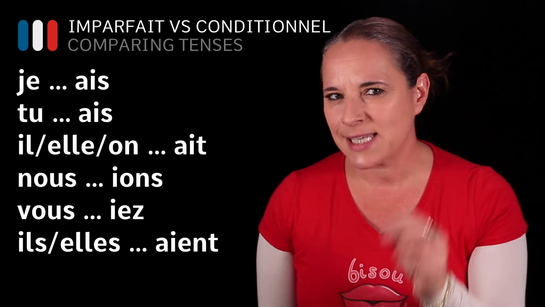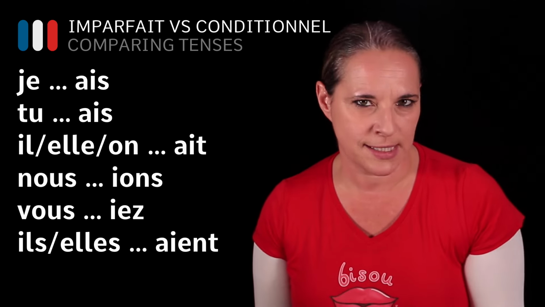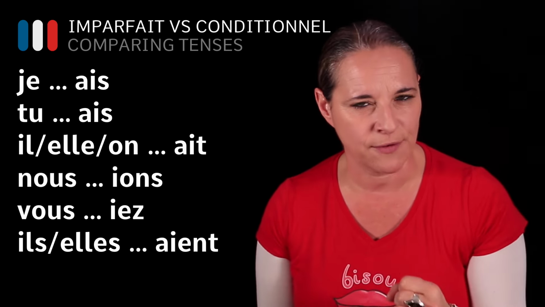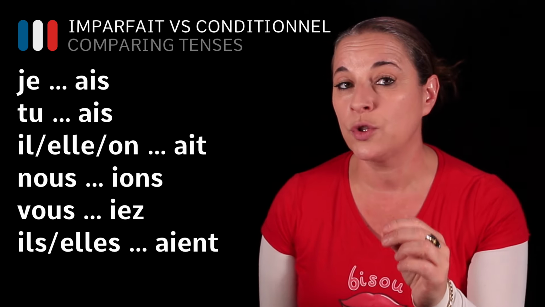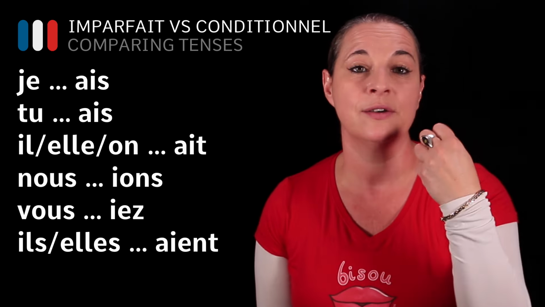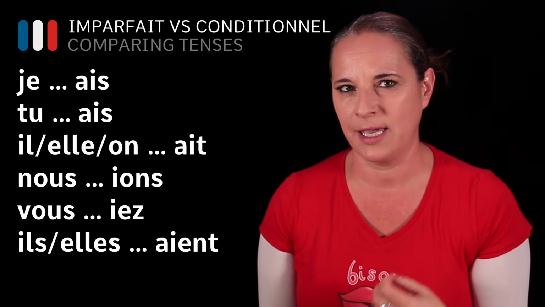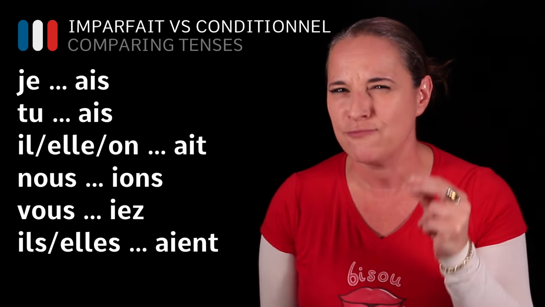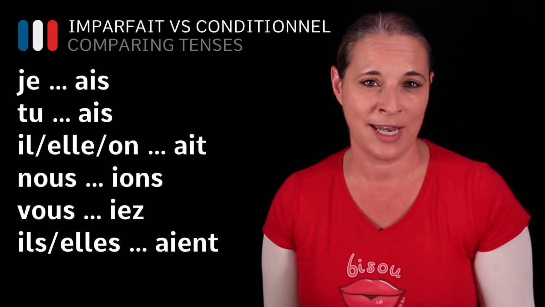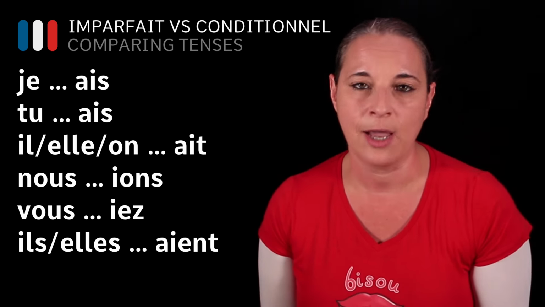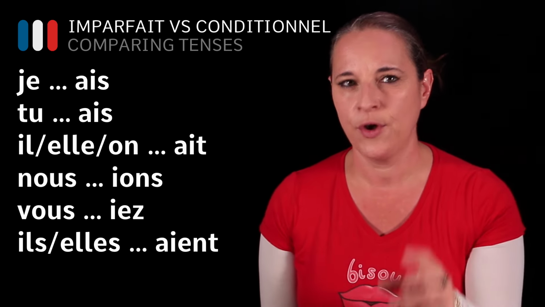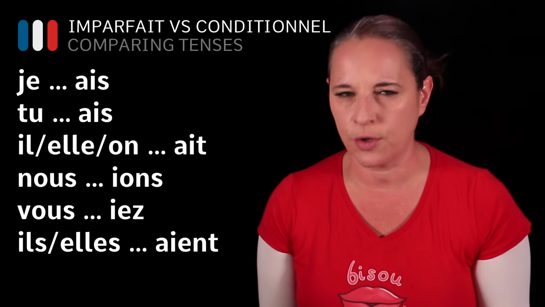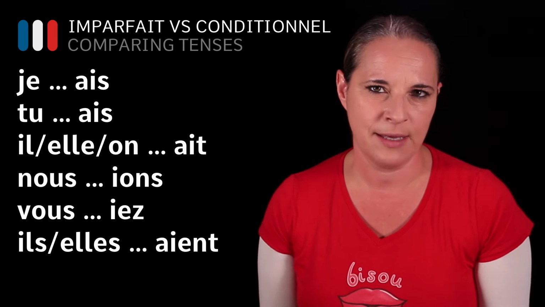Now the sound varies, and I'm going to show you a few examples to prove that the sound is different. Not the sound as such, sorry, but the spelling of them is different. But have a look at it really closely because that's when it becomes tricky. Now, in the conditional, you will hear the re sound, which you will not hear in the imperfect.